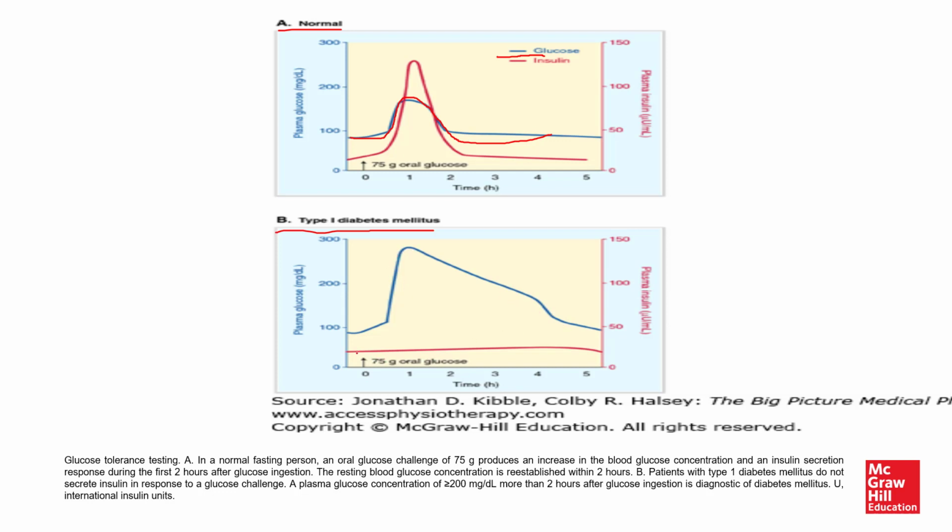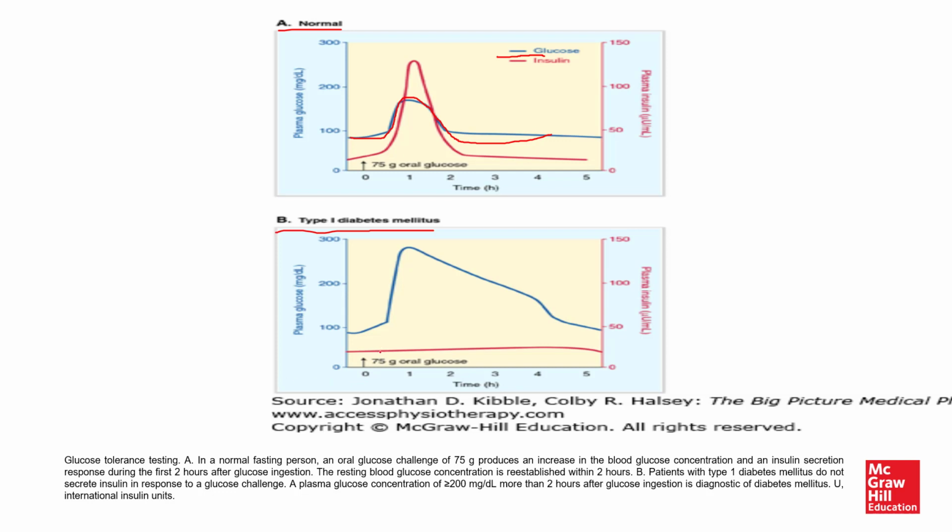This is because, even for the same amount of oral glucose consumed, they don't produce any insulin. There's no insulin response. And that's how we distinguish someone who's a type 1, or insulin-dependent, diabetic from a type 2 diabetic.